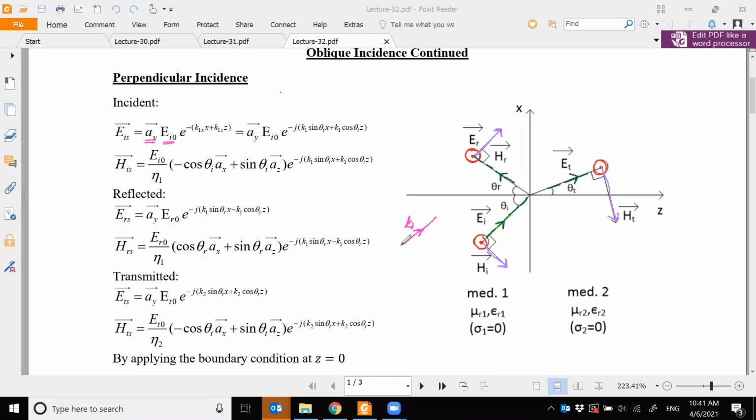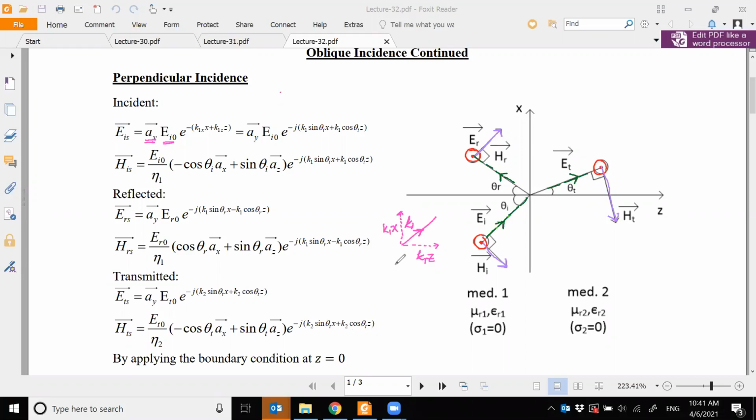I want to decompose it into these two. I'm just decomposing the propagation constant. If this is my direction K1, then this will be K1 times the Z direction, so it has a K1Z component, and this one has K1X, the X component.